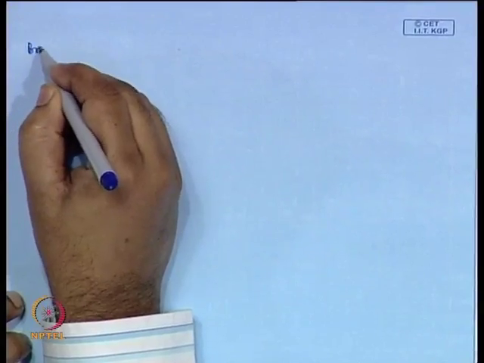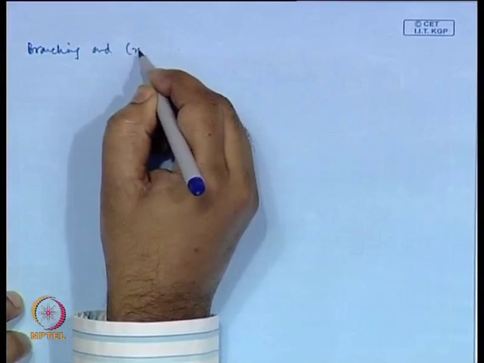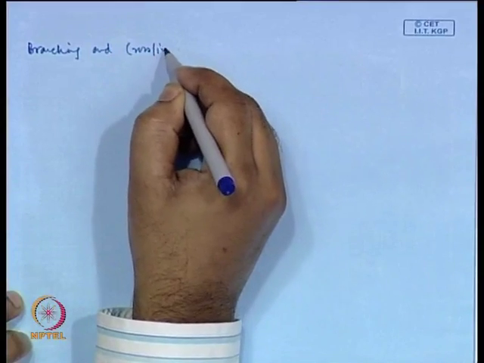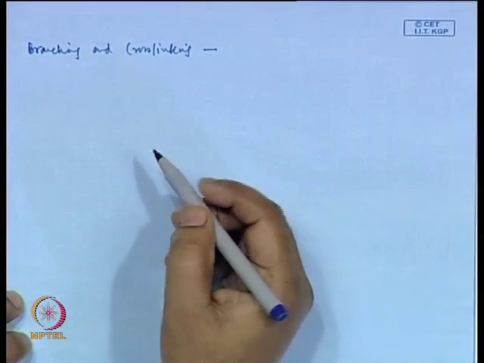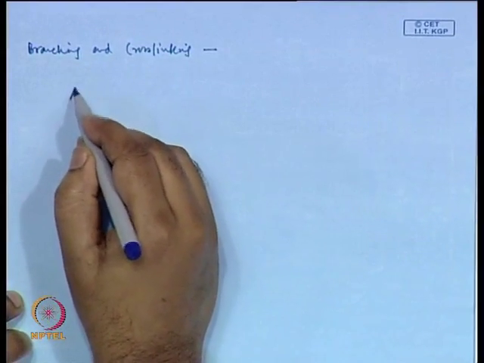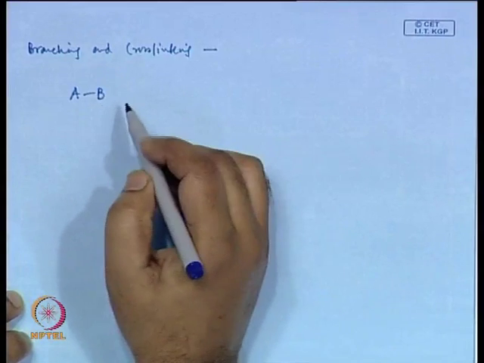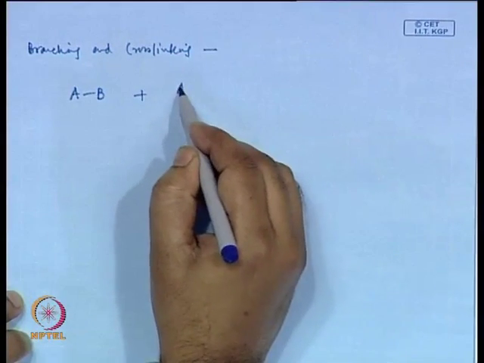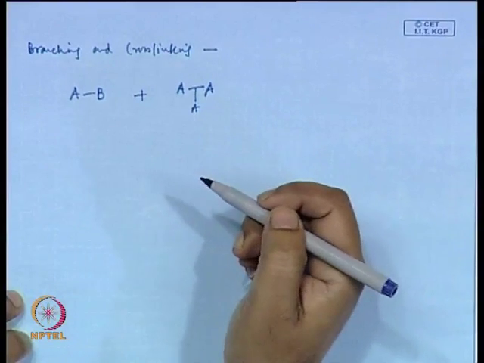Okay. Now, let us go to the next topic, which is branching and cross linking. Let us say I have a molecule with A and B functional groups, and I have a molecule like this which has 3 A functional groups.